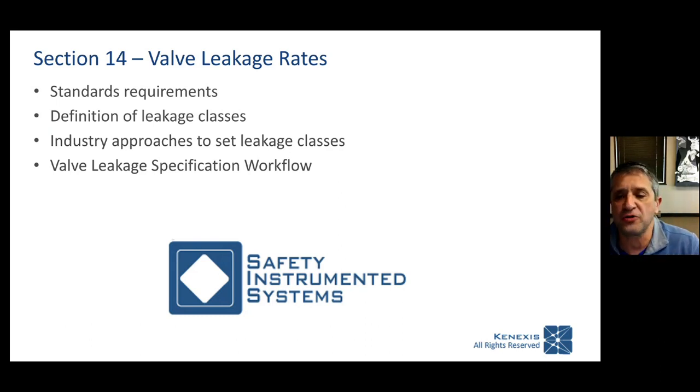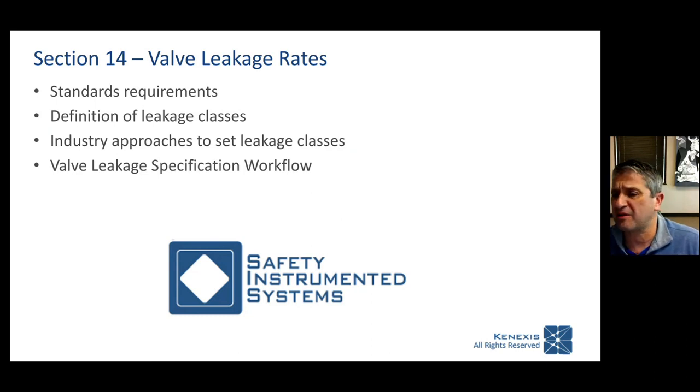So if all you do is say, oh, well, for my SIS, I want all the valves to be tight shutoff, you're probably causing more problems than you're fixing, because you're lumping a difficult problem onto the people who are going to be implementing the safety instrumented system in terms of validation and testing.